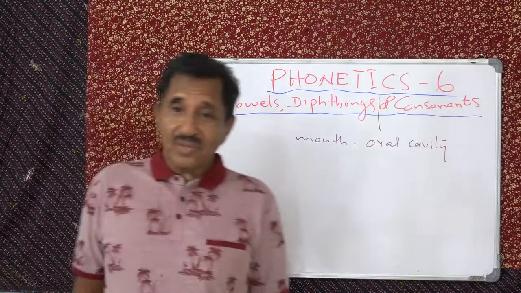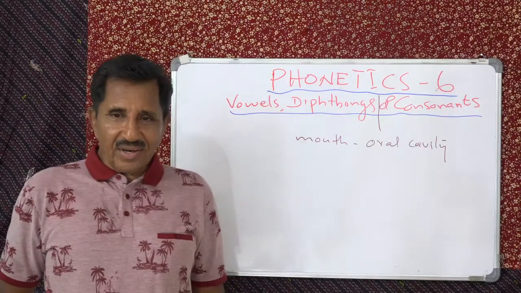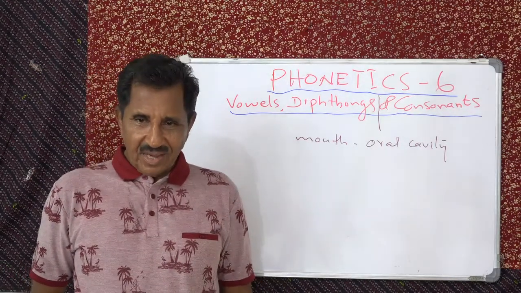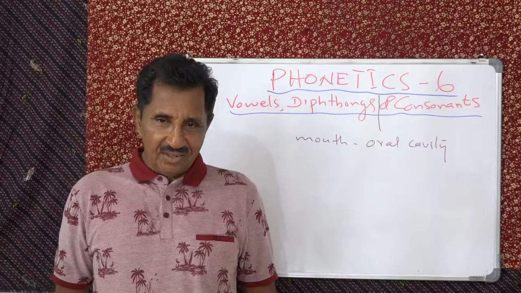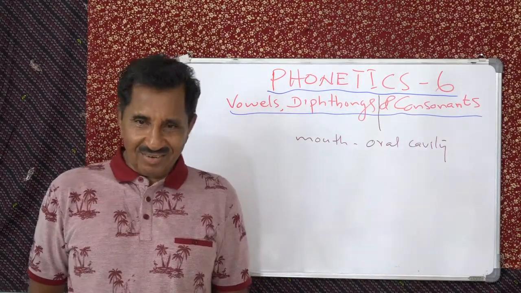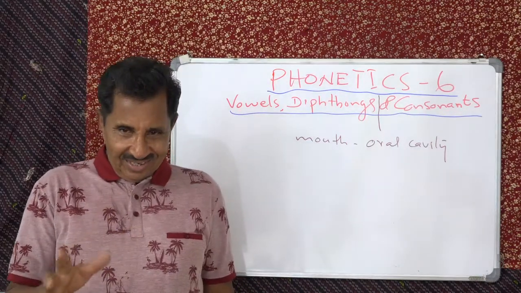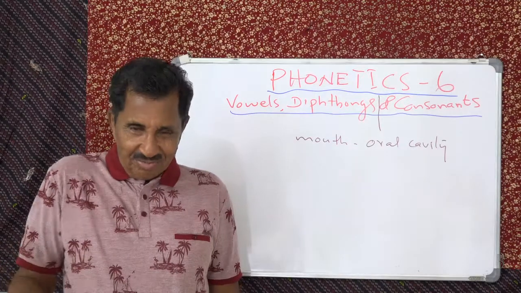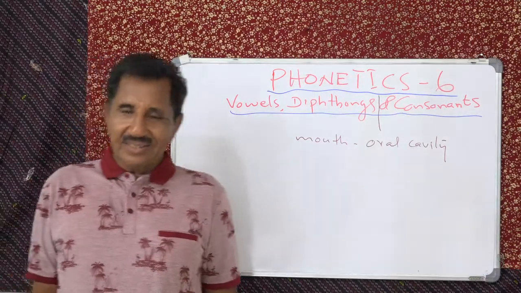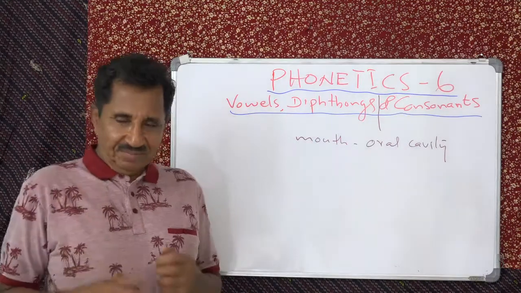There is a wonderful Colgate advertisement about how to get rid of your cavity. I am not supporting any advertisement or any toothpaste brand. I am just telling you about the cavity.